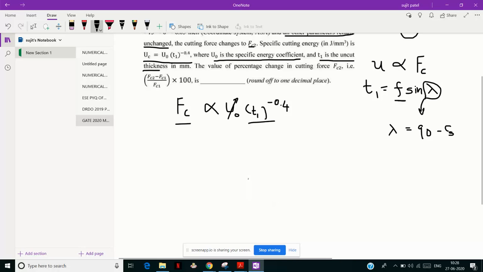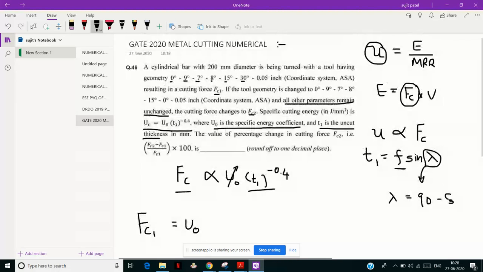So we can say that cutting force is directly proportional to uncut chip thickness raised to power minus 0.4. So for the first, let's say FC1, we can write it as u0, and t1 is equal to f sine lambda.